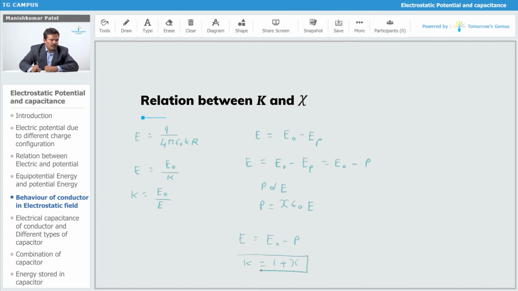That is the expression giving the relation between the susceptibility and the dielectric constant. Susceptibility also means how easily the dipole moment can be induced inside the dielectric. That is one of the meanings of susceptibility.